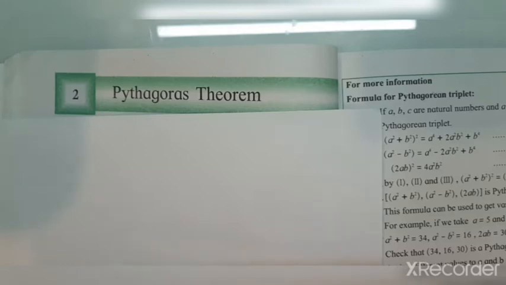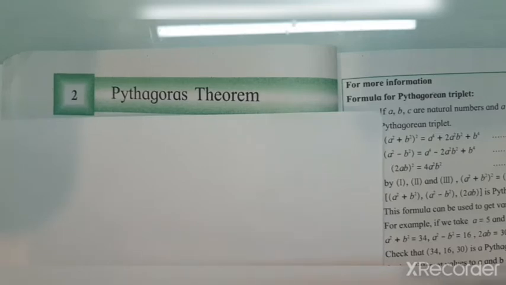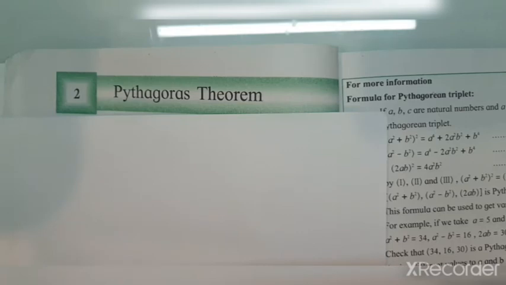You also know what the Pythagoras theorem is and how we use it. In this lesson, you are going to study how the theorem has been proved with the help of statements and reasons, and also a few sums related to Pythagoras theorem, and some other properties which you are going to study in this lesson. So let's begin.